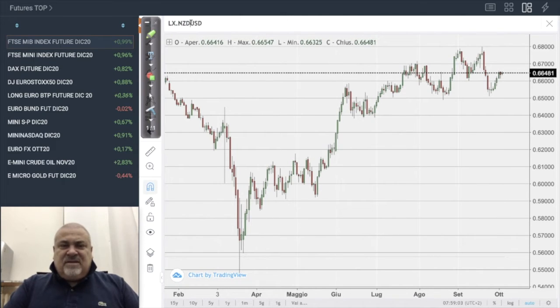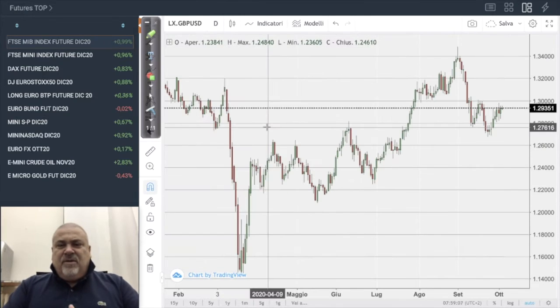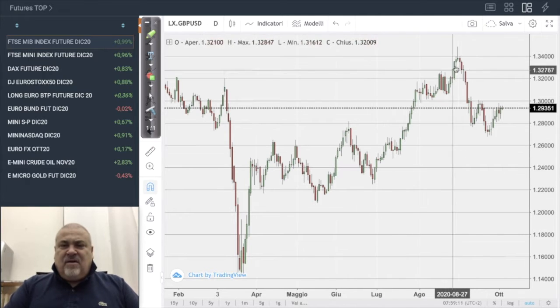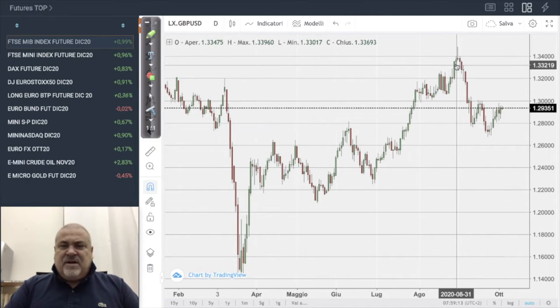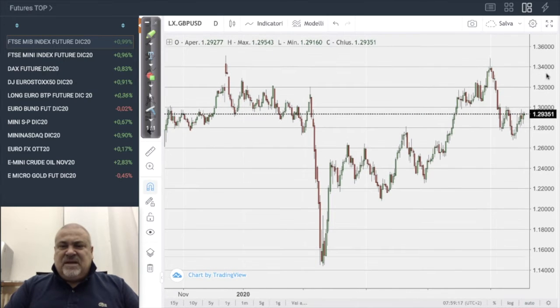So something different is happening on the pound. The cable is really showing a real strength of the pound for such a long time here, and then a test again of a previous resistance of 1.35. Then there was a pullback towards 1.28, then a pullback again to 1.30.